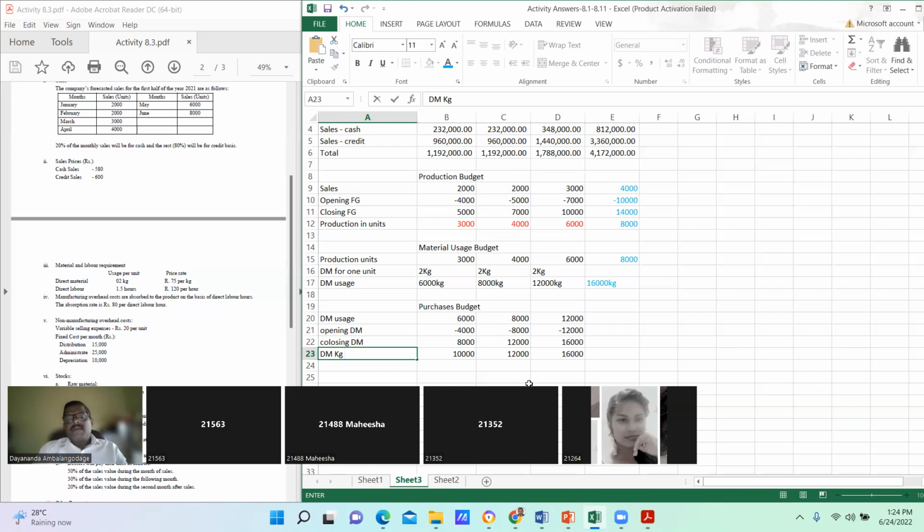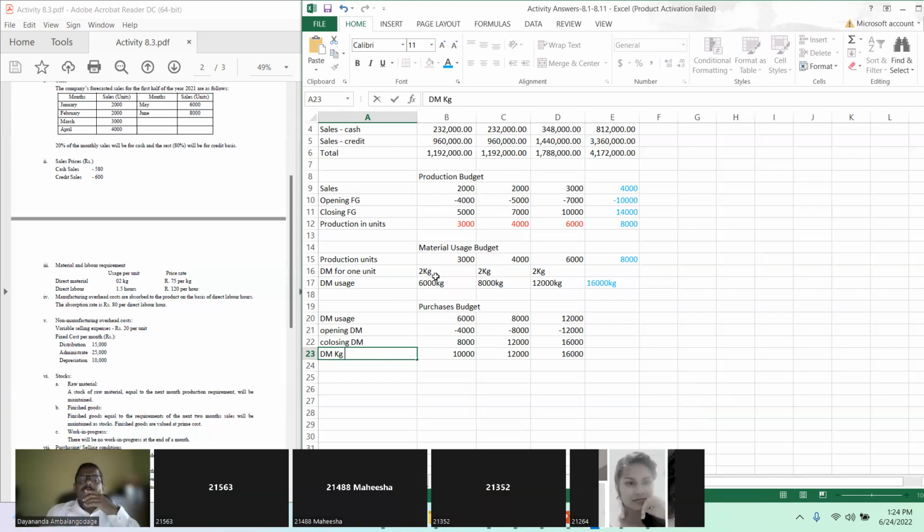Of course, since we have figures, you can really convert these raw material usage and purchase budget into rupees. You can see material usage in rupees here if you want. I think you can remember one material kg was 75 rupees.